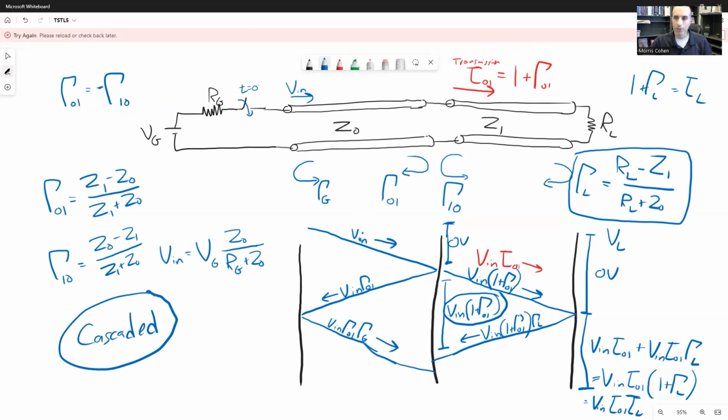And you can follow this process to understand how the waves are going to settle out. If you follow this far enough along and wait long enough, we are still going to approach the steady state that we would expect based on basic circuit theory. And that steady state simply is: get rid of the transmission lines and just treat this as a simple circuit where you've got VG, RG, and RL.